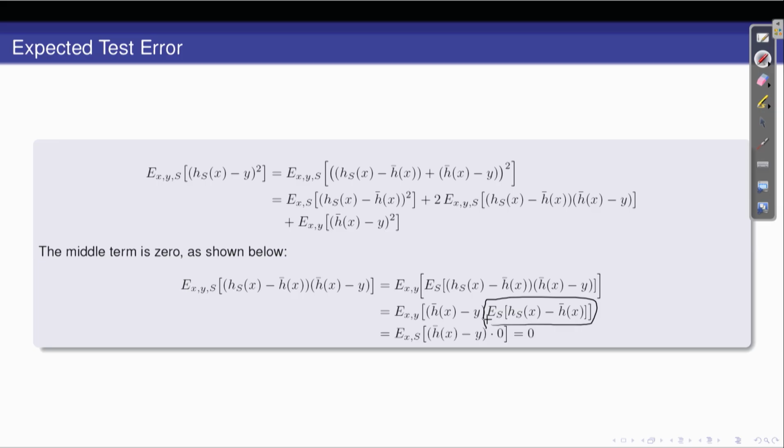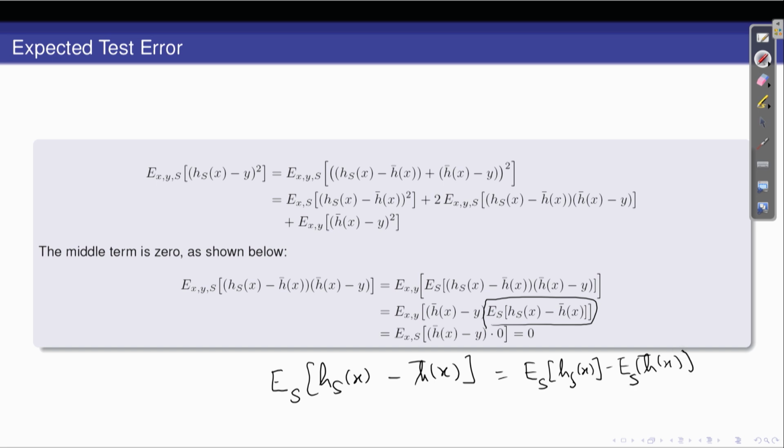But what is the expected value of this? This is again the expected value of h_S(x) minus h bar(x). Now, when you are doing this, this is the expected value of h_S(x) minus the expected value of h bar(x), but h bar is free of s.